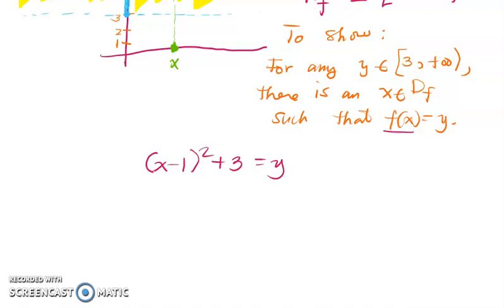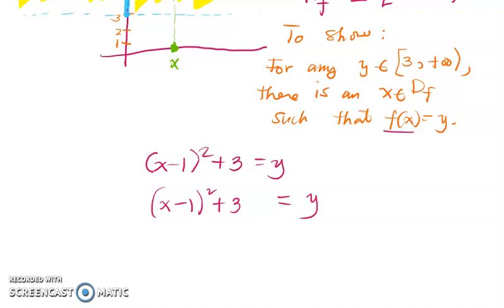So our goal now is to solve for the value of x. To solve for x, we add -3 to both sides: x minus 1 squared plus 3 plus -3 is equal to y plus -3.